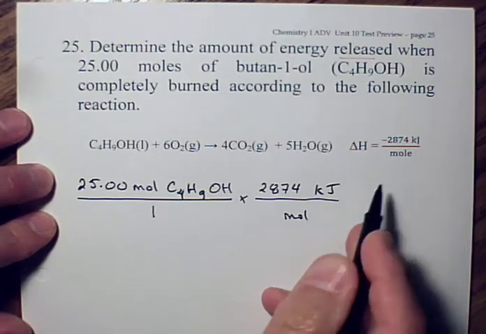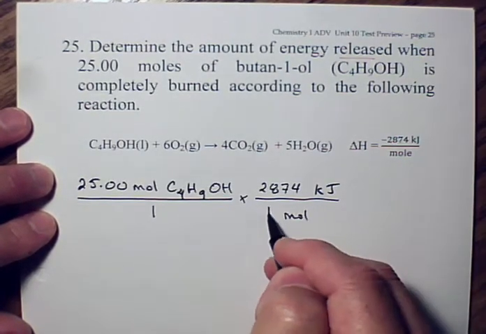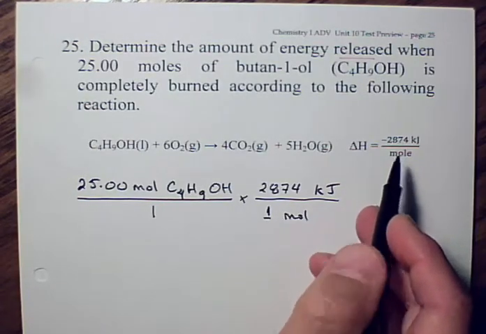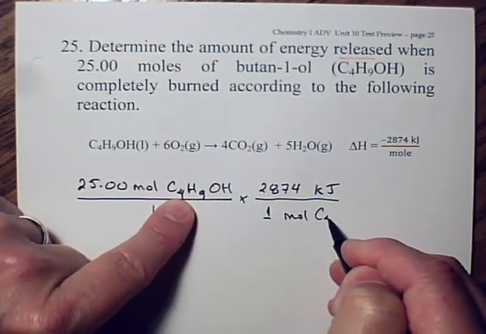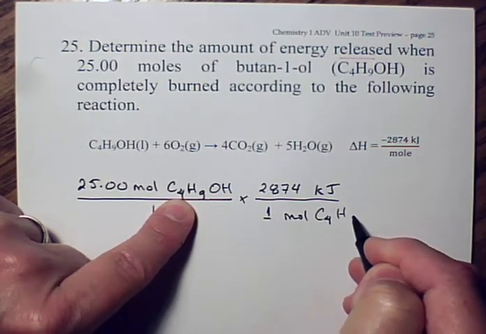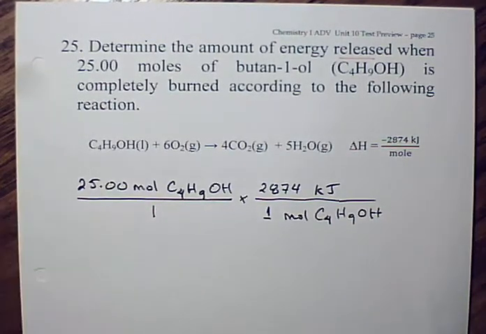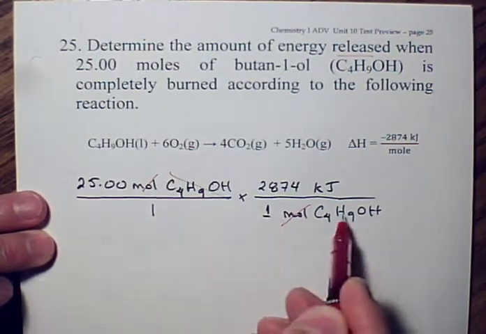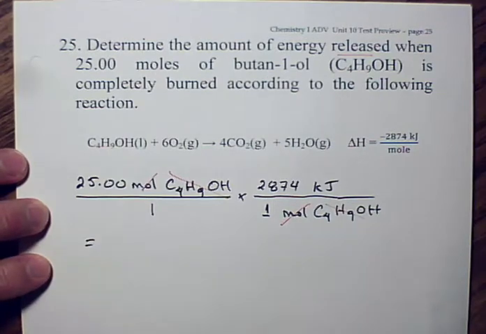Now, when we have just the word mole on the bottom, that means 1 mole. And what is that mole applying to? The species here is butan-1-ol. We're going to write that down here. And we can cancel units, cancel species, and do the math to find the amount of energy released.